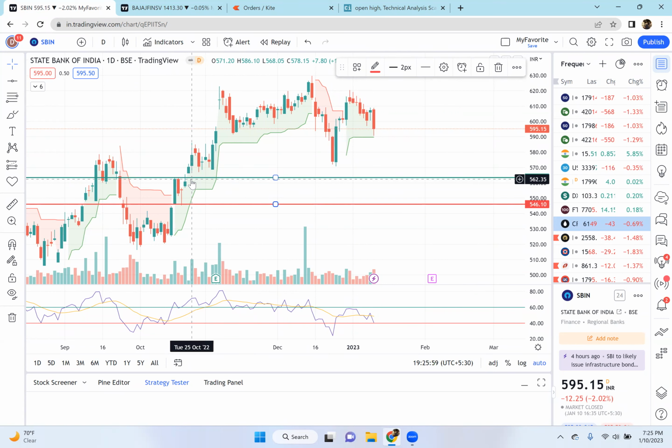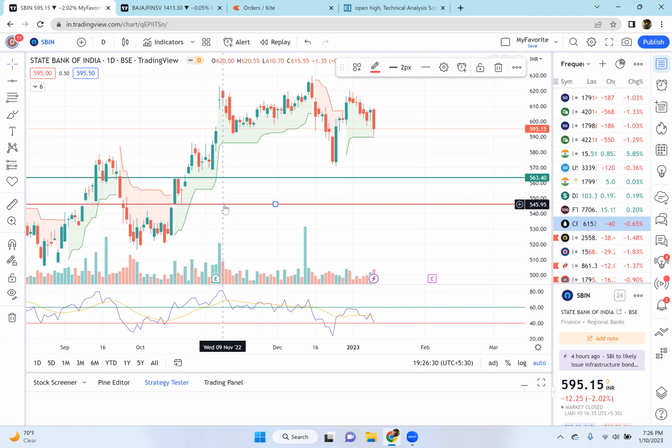So my first target will be 25 rupees profit, and my second target will be 50 rupees profit. I entered at 572 for a target of 597, and this is my stop loss. Clearly you see that we met both targets, because we are not hitting the stop loss.